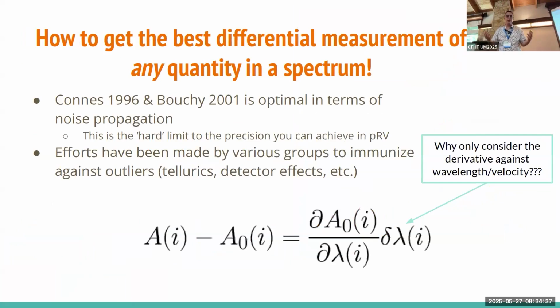Then you could derive against any quantity. You can take a derivative of a spectrum against, say, the star's age or whatever. So why not use other quantities, like temperature? Instead of velocity space, we use a derivative in temperature.